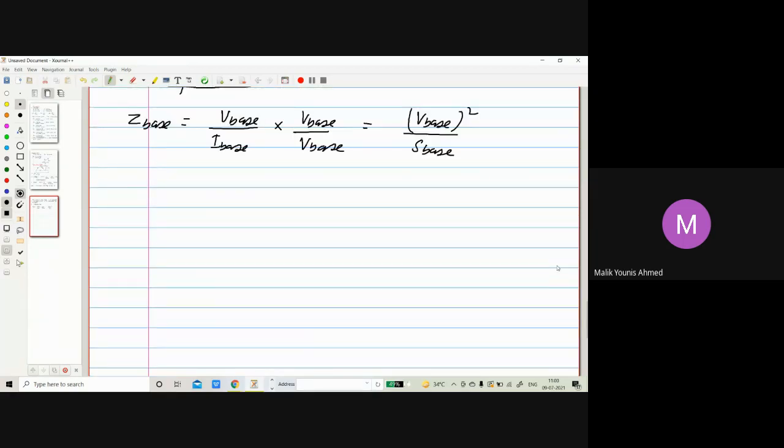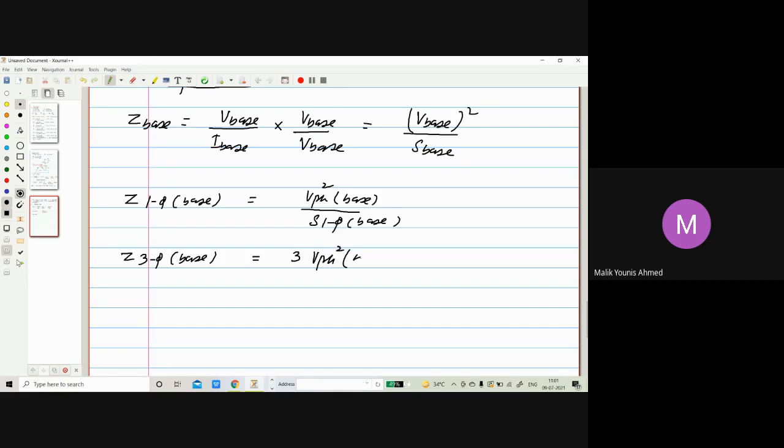So let's talk about the single phase now. Z single phase base. Z single phase is very clear. Phase value and line values are the same. V phase base square divided by the apparent power or complex power in single phase base. Now, if I talk about the three phase, Z three phase base, what I'm going to do, I will multiply by 3 on both the numerator and denominator.